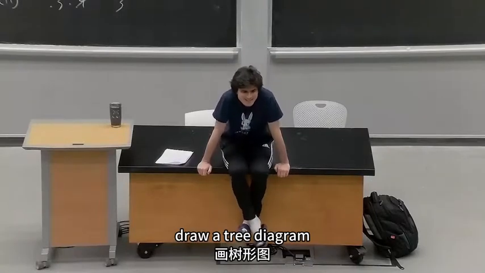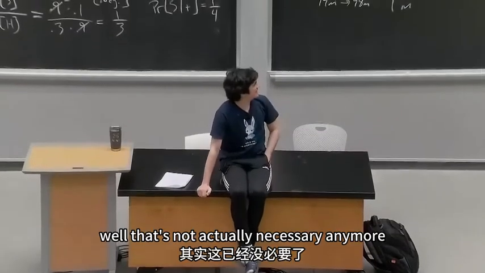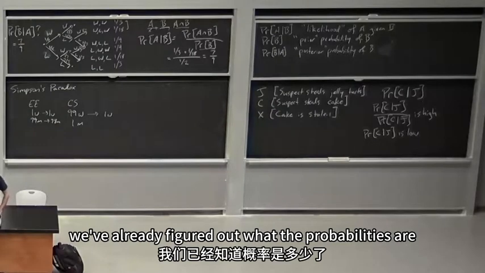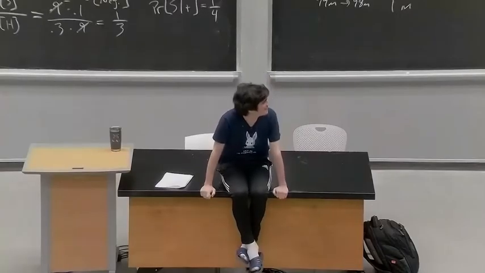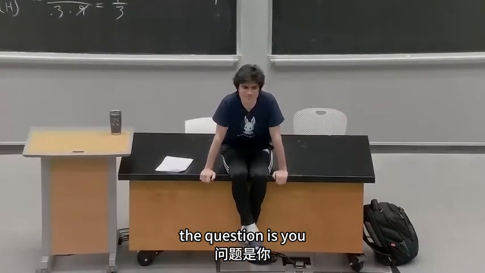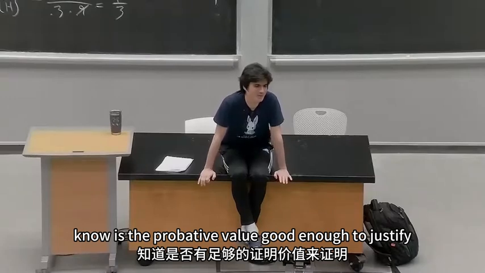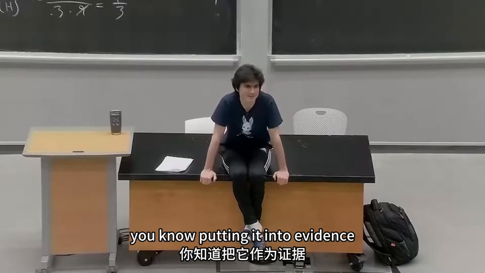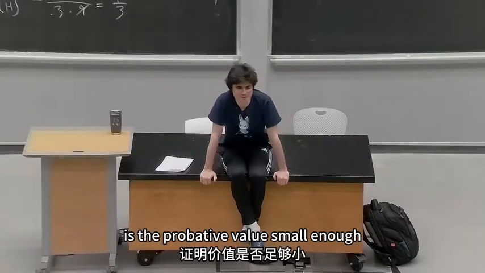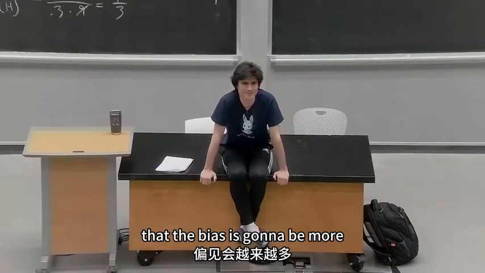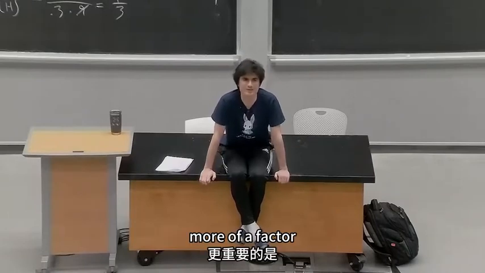Draw a tree diagram. Well, that's not actually necessary anymore. We've already figured out what the probabilities are. The question is, is the probative value good enough to justify putting it into evidence, or is the probative value small enough that the bias is going to be more of a factor? Yeah?